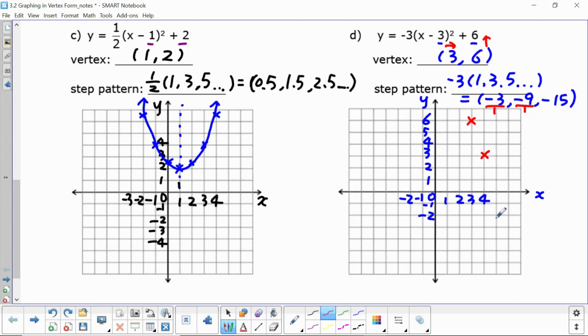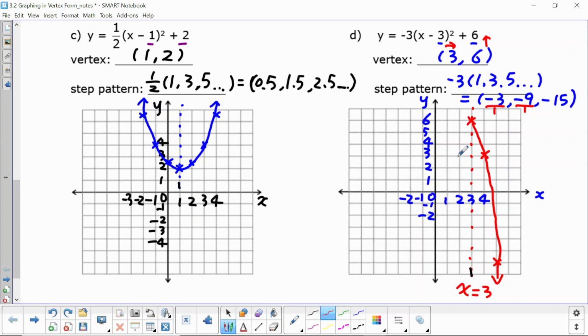Then you have 3 points for one side. We connect them smoothly. Then we also do the symmetric points, so it will be easier for us to draw the axis of symmetry, and maybe we could label it: this is x equals 3.